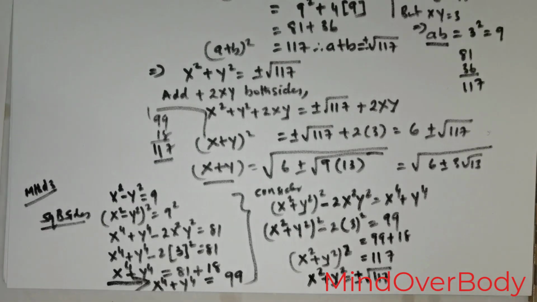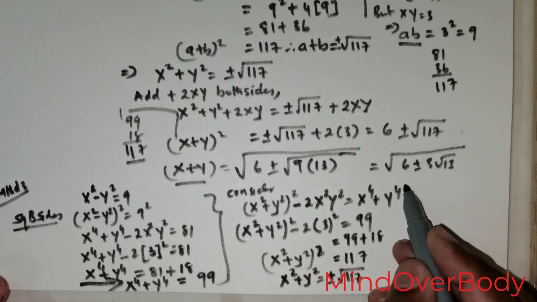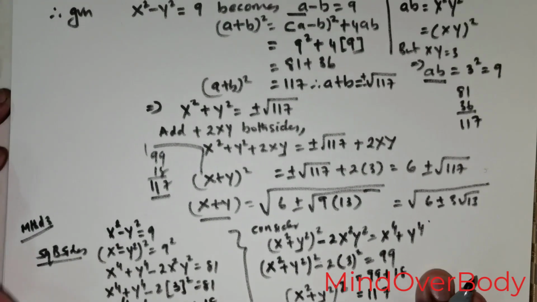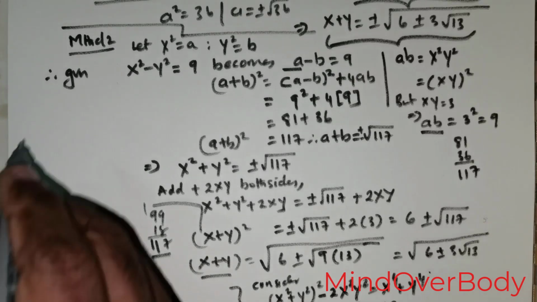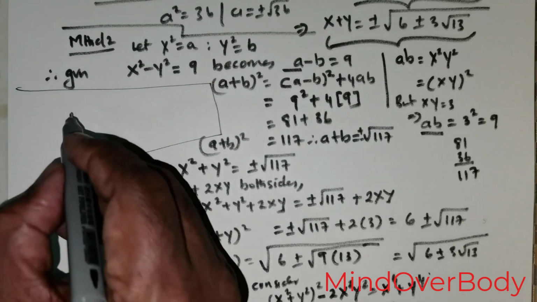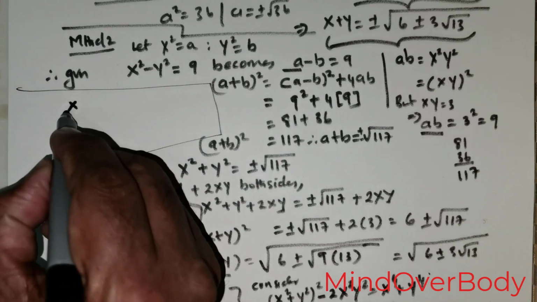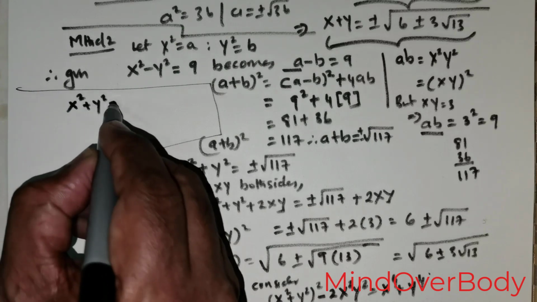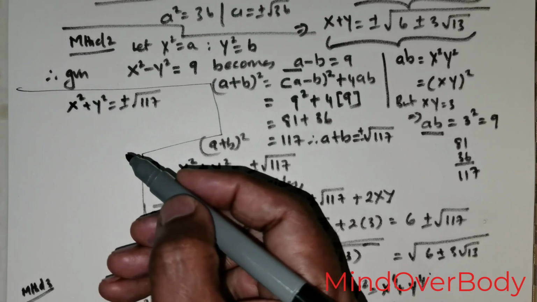Right, so this is one side. So let me move on to the other side. I would try to use the space here. So what have we got? We have got here x squared positive y squared is equal to plus or minus root of 117.